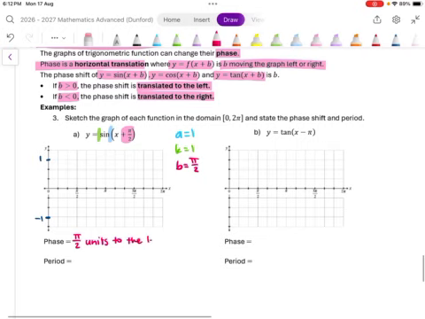So we're going to pick up our original function and move it to the left. If we're moving it to the left, our normal sine curve would be starting over where our minus pi on 2 is.